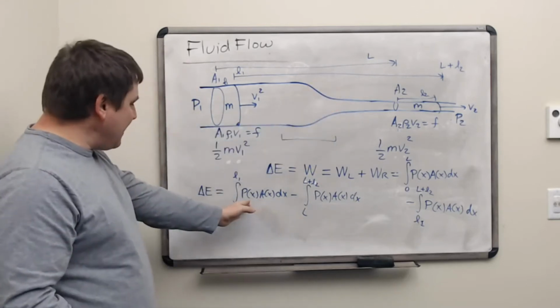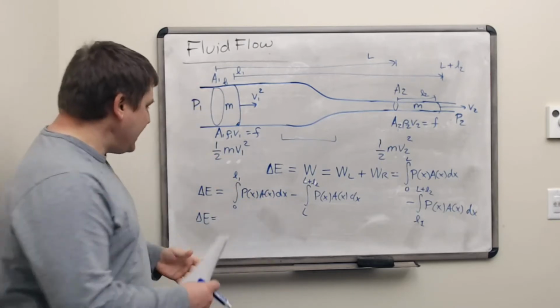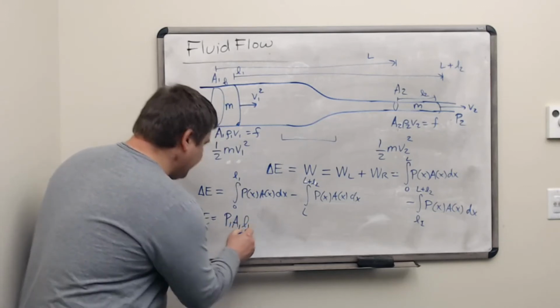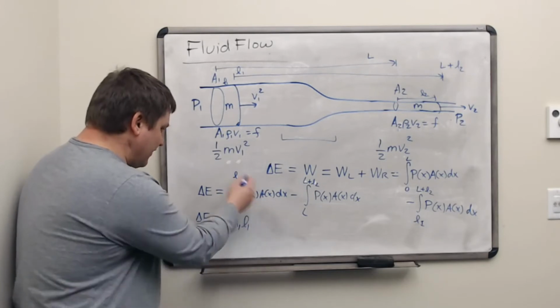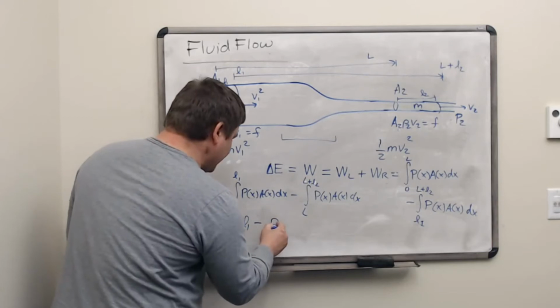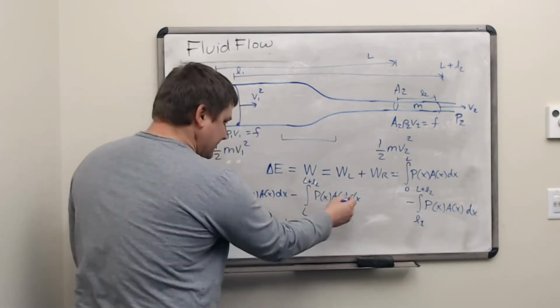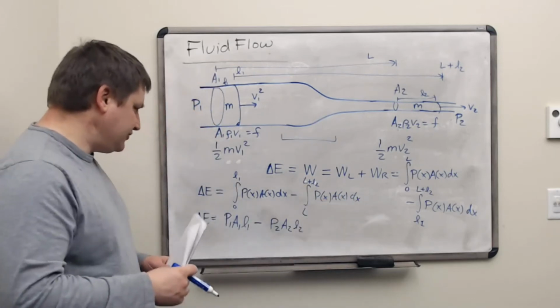So way on the left, when we're doing this, P and A are basically constant and equal to P1 and A1. So we get P1, A1, L1, right? A constant integrand just gives us the value times the limits. And then on the right, we get P2, A2 times L2. So again, there's a rectangle of height PA and a width of L2 overall.